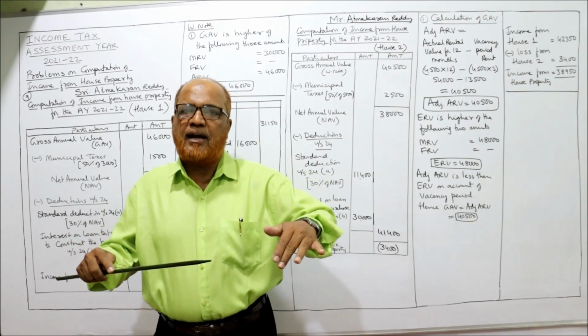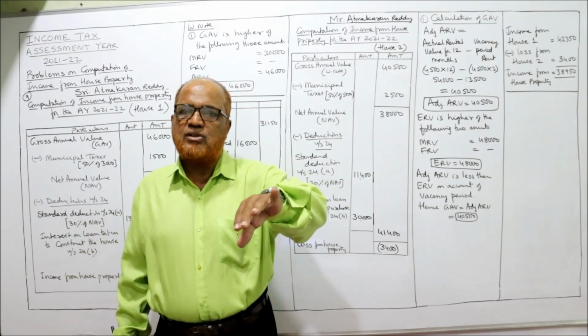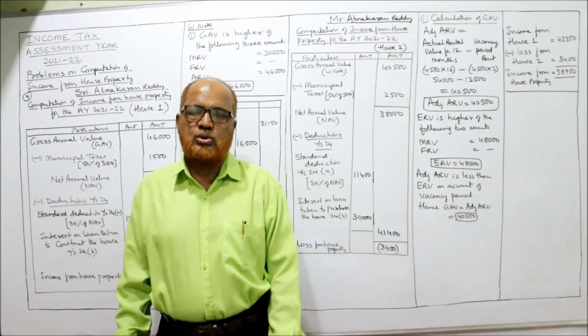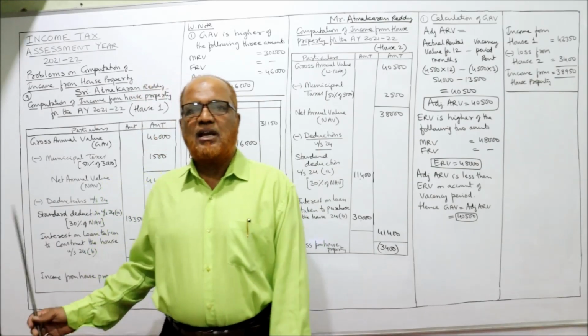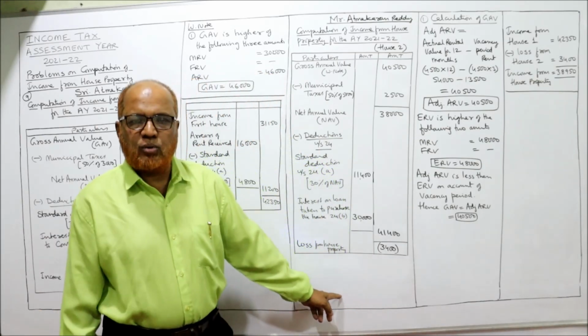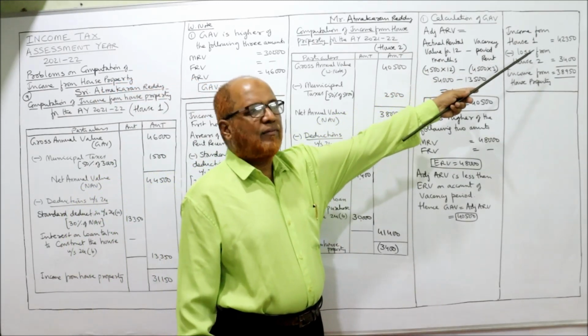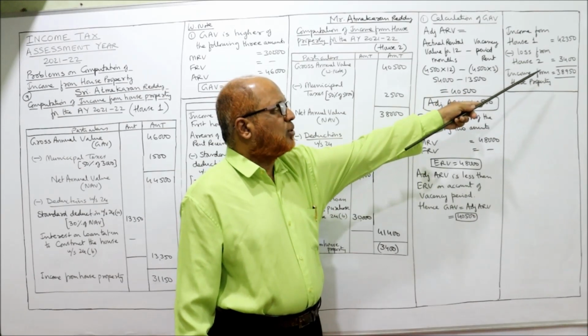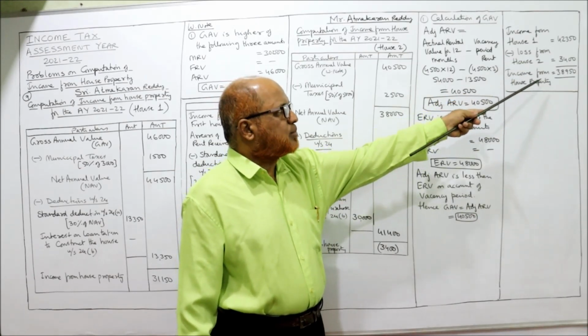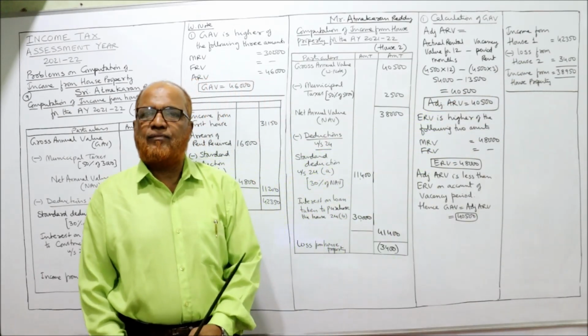Within the same head, we can set off loss from one source against profit from another source. So here profit is in house number 1, loss in house number 2, so we can set off. Income from house number 1, 42,350, minus loss from house number 2, 3,400. So income from house property is 38,950.